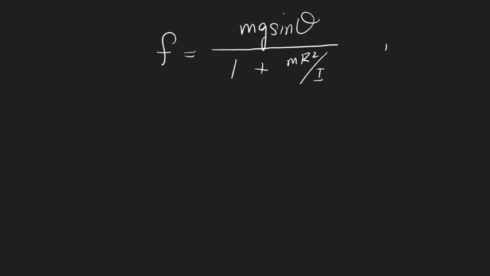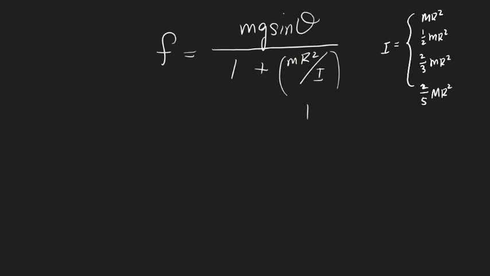So when you think of the different things that can roll, there's a hoop, a disc, a hollow sphere, a solid sphere. Now, I don't know if you're capable of doing this kind of in your head, but this fraction for the object that's most difficult to turn would be 1, mr squared.